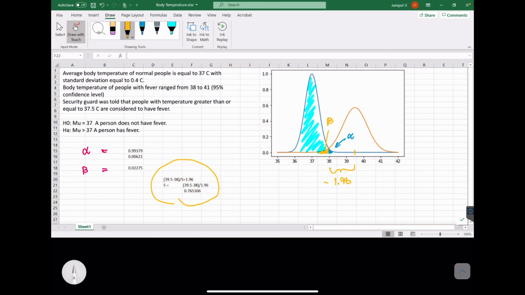So we do the calculation here and we get S equal to 0.765. The distribution of body temperature, both of these are normally distributed.